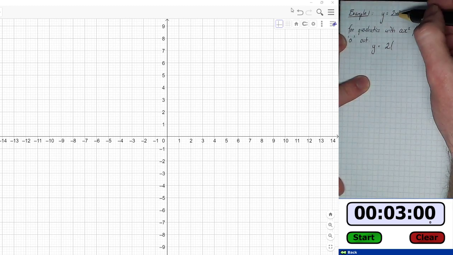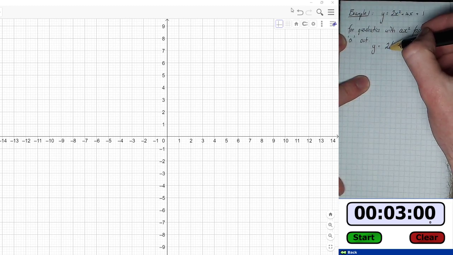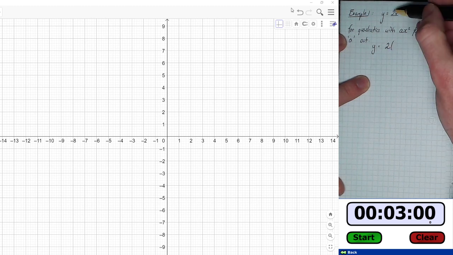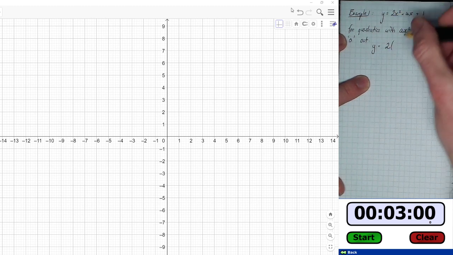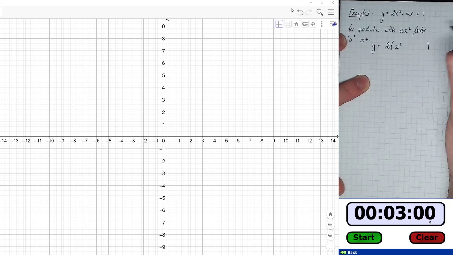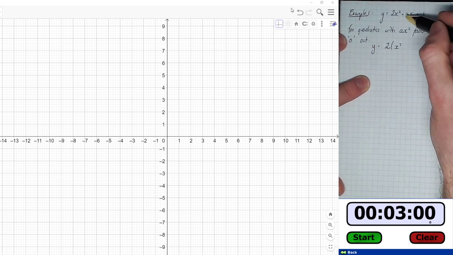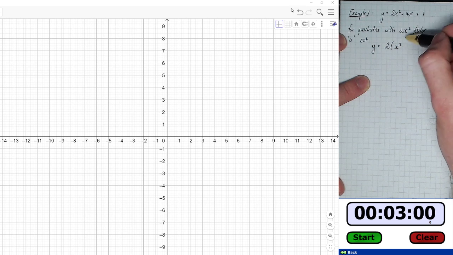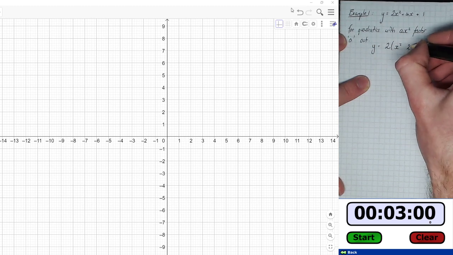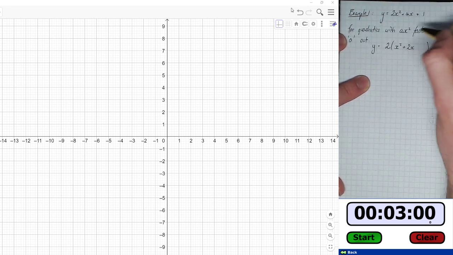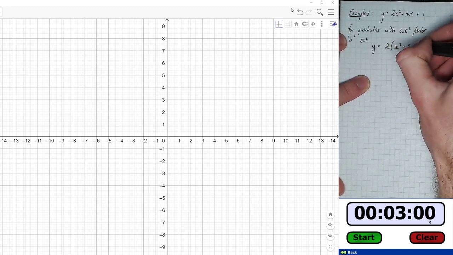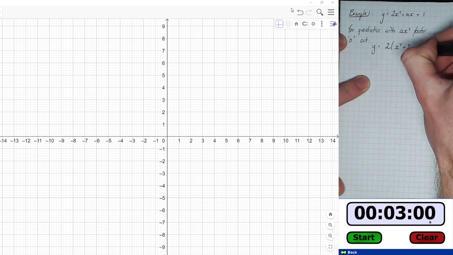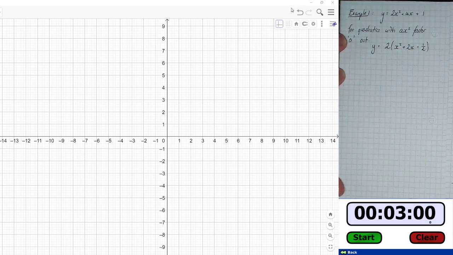Okay, so if I take a factor of 2 out of everything, 2x squared would just become x squared. Take a factor of 2 out of 4x would mean that we get 2x. And take a factor of 2 out of 1, that would leave us with a half, or 0.5.